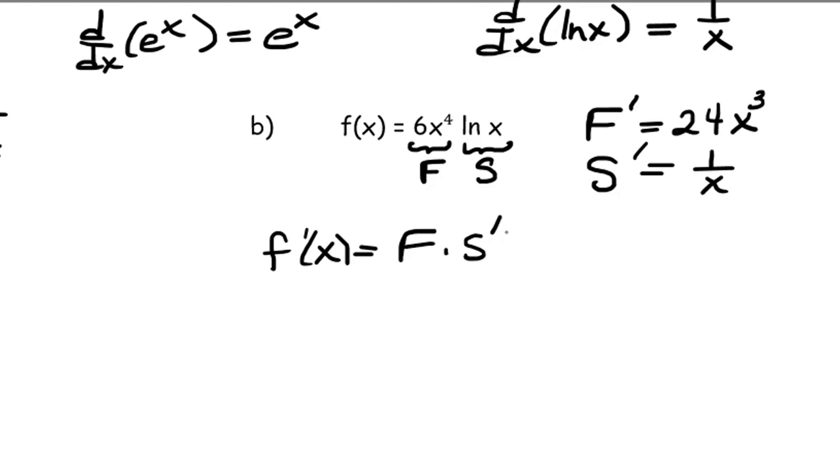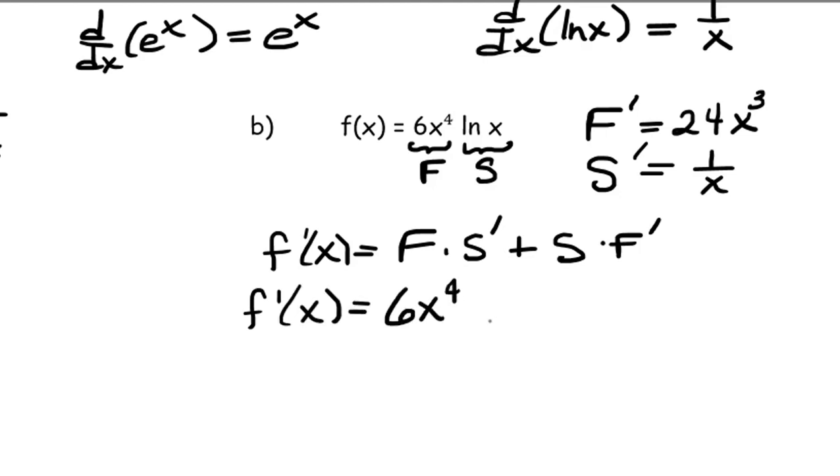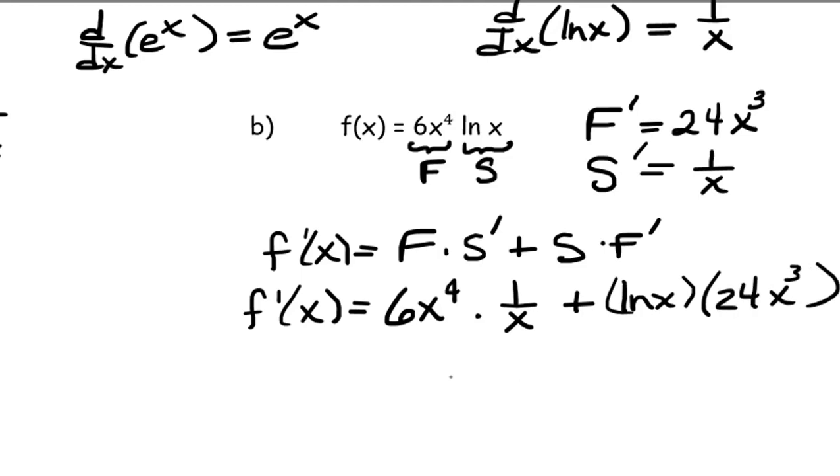So now we write down our formula for the product rule: first times the derivative of the second plus second times the derivative of the first, and just fill in that pattern. So f prime of x is equal to 6x to the fourth, the first function, times the derivative of the second, which was 1 over x, plus the second function, natural log of x, times the derivative of the first, which was 24x cubed.